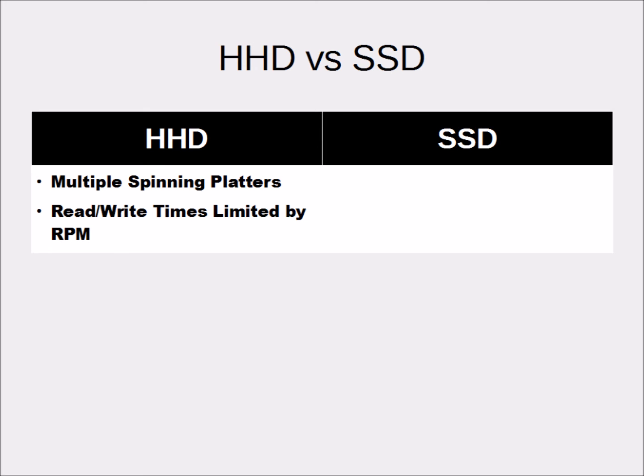Let's contrast that with the technology of a solid-state drive. A solid-state drive works very similar to a USB thumb drive, a USB flash drive. It doesn't have any spinning platters. Instead, it stores data on chips known as flash memory. There are two advantages to that.